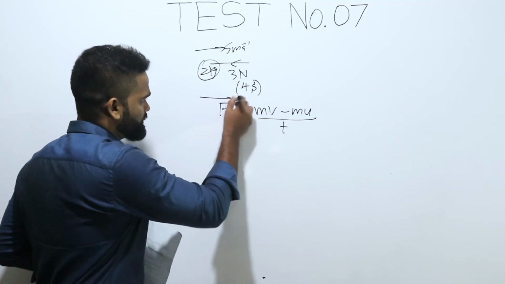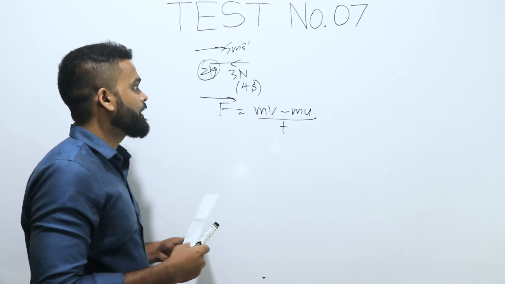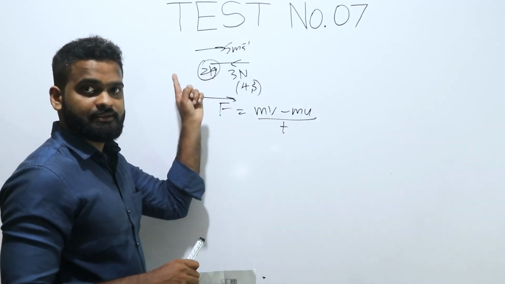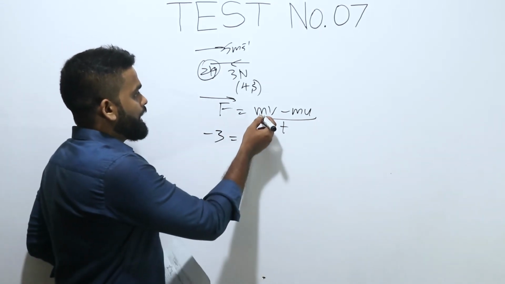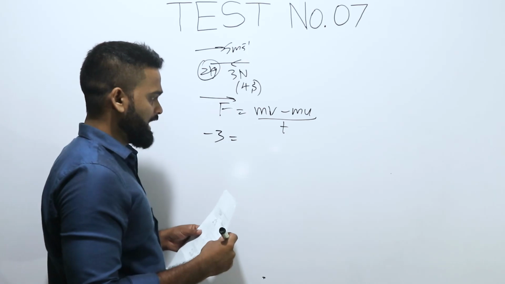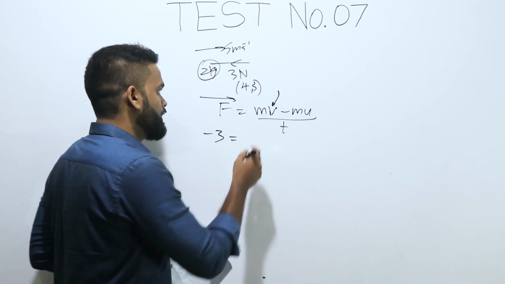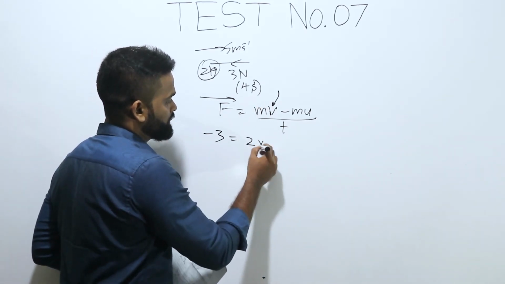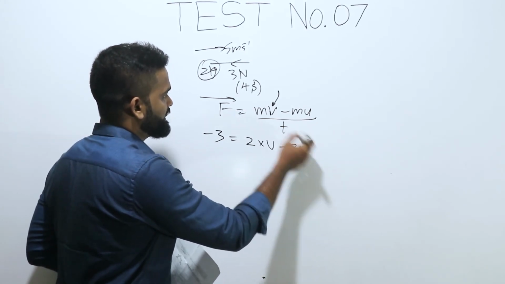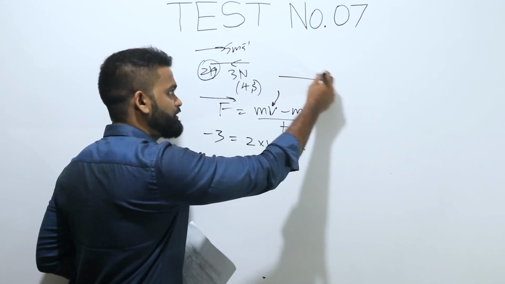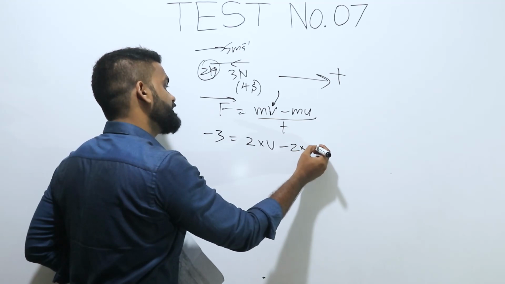Okay, I'm applying this equation to this side, so all the quantities on this side should be positive. Since the force here is to the other side, this force is negative, minus 3, times 4 equals m(v minus u). Actually what they ask is the final velocity gained, so the simple v. The mass is 2, times v minus u. u is moving to this side, which is the positive direction, so the initial velocity is 5.